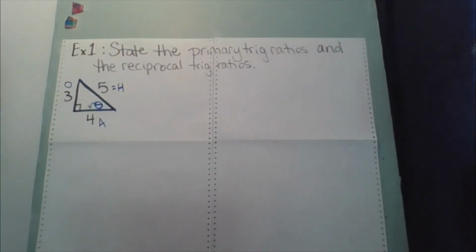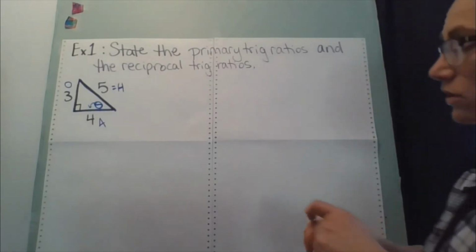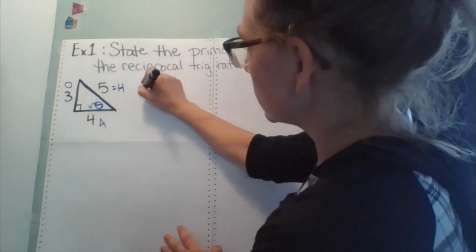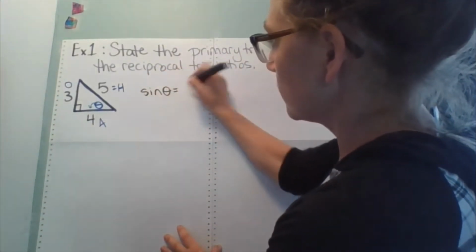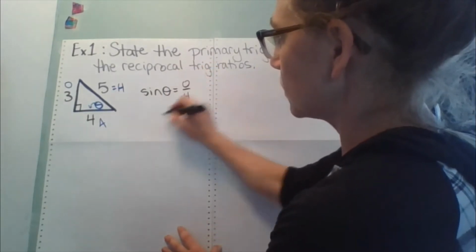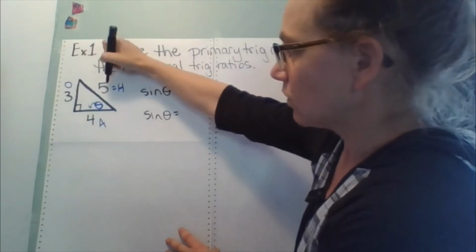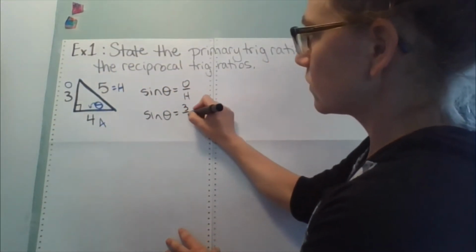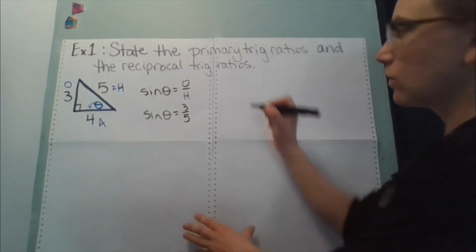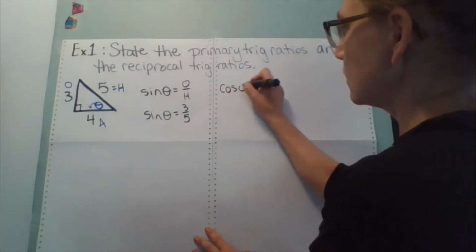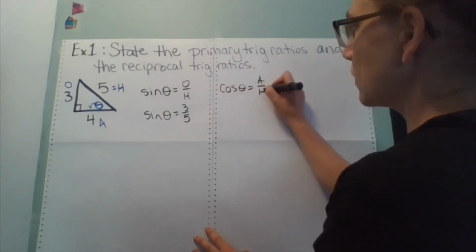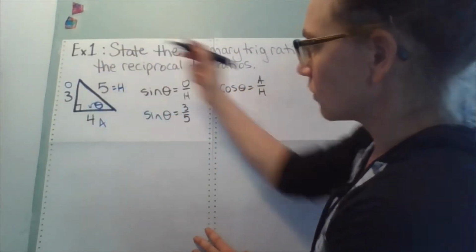Okay? So to write out my trig ratios, we're writing out sine theta, which is opposite over hypotenuse. So that means sine theta is 3 over 5. We're writing out cos theta, which is adjacent over hypotenuse. So that's going to be 4 over 5.